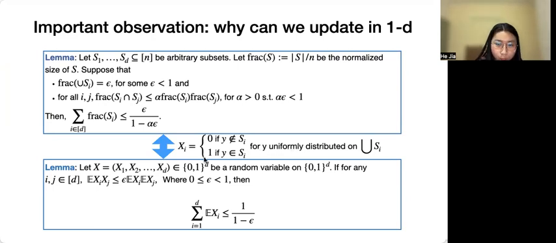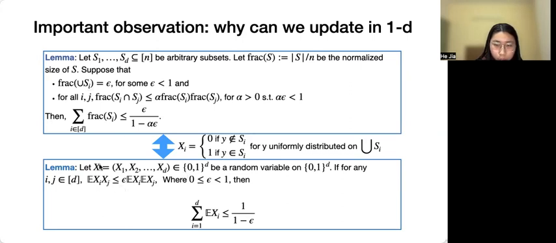Then we can construct random variables Xi from each subset Si: Xi equals 0 if y is not in Si, and Xi equals 1 if y is in Si. Now we can state our lemma in a different language, in the language of Xi. And it's easy to see that these two lemmas are equivalent.